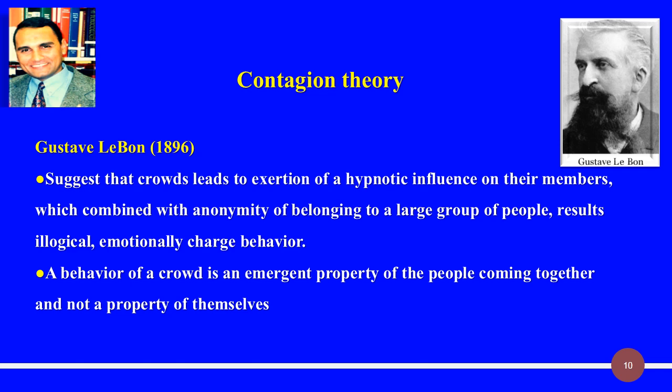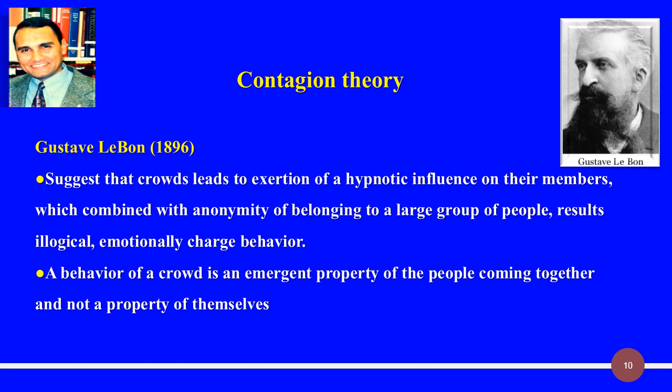Gustave Le Bon, 1896, suggested that crowds exert a hypnotic influence on their members, which combined with the anonymity of belonging to a large group of people results in illogical, emotionally charged behavior.